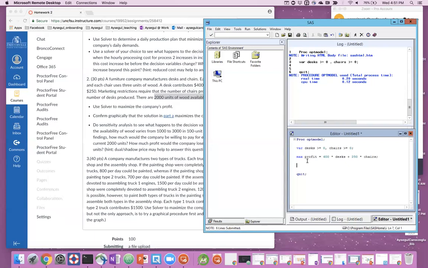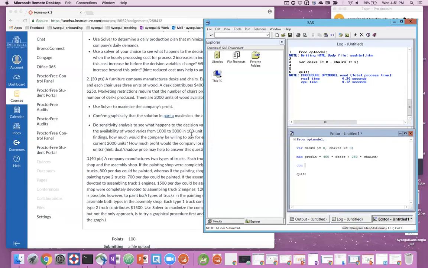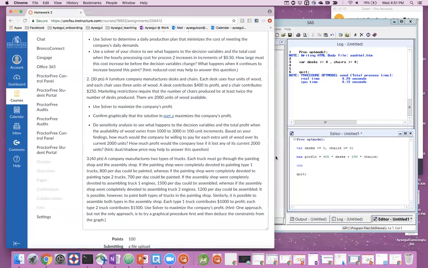And then there's only one constraint, which is the limitation on the wood available. So we need to define a constraint: how much wood desks are going to need and how many units of wood chairs are going to need. It seems like each chair needs 3 units and each desk needs 4 units, as you can see here.